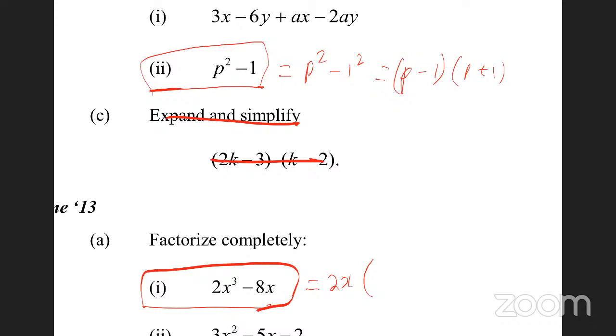X squared minus, right? Are you done? No. Because 4 is really 2 squared. So your final answer is what? 2x by x minus 2 by x plus 2. Right? All right, nice.